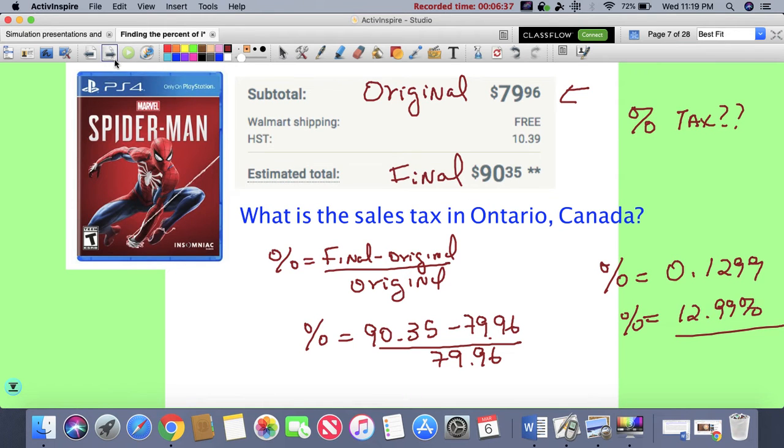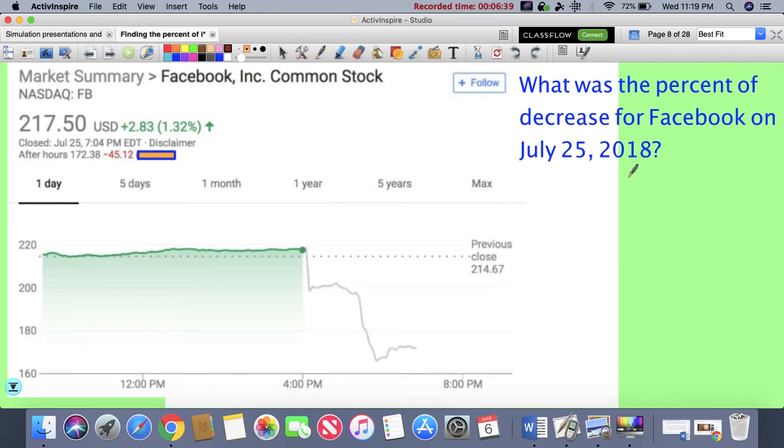Okay. Next question. So this was something that happened with Facebook. The Facebook cost was 217. And then bad news, Facebook did something that was not commendable, and the price decreased to $172.38. So it went down. So the original price here, right, is $217.50.